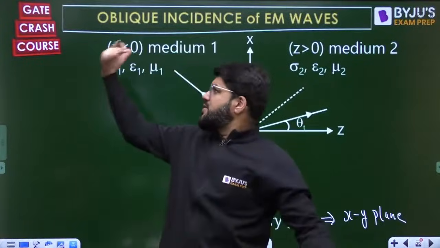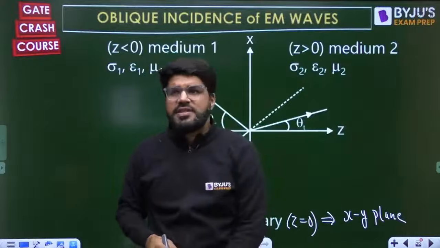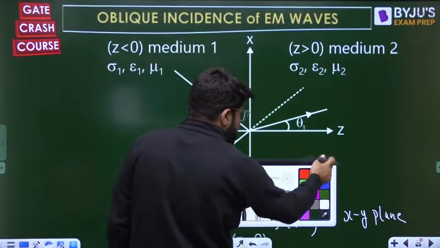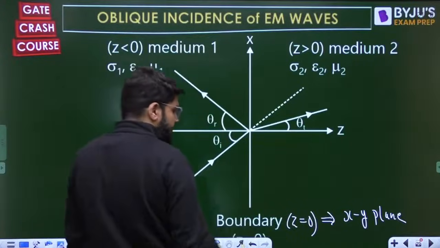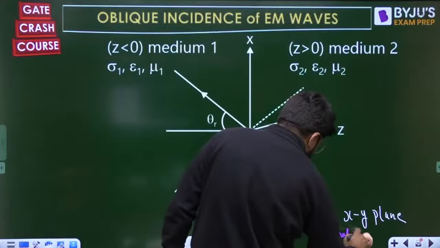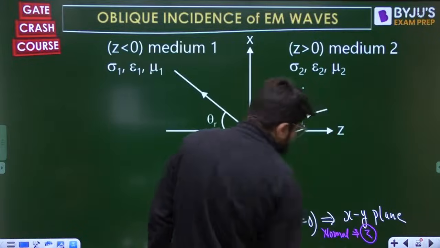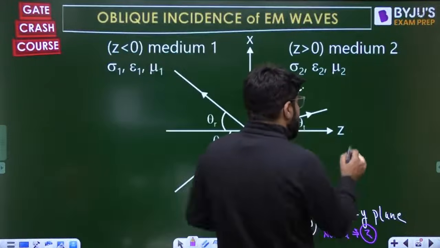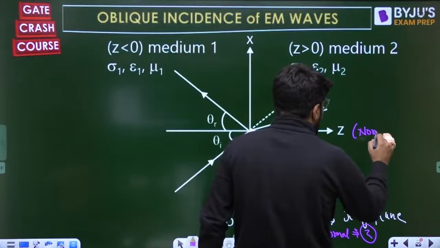Left side of this is region number 1 and right side of this is region number 2. The boundary is the XY plane. So what is the vector normal to it? The vector normal to the XY plane is in the Z direction. So this Z direction will be known as the normal to the boundary.